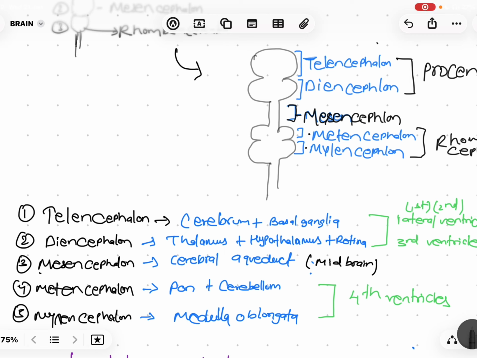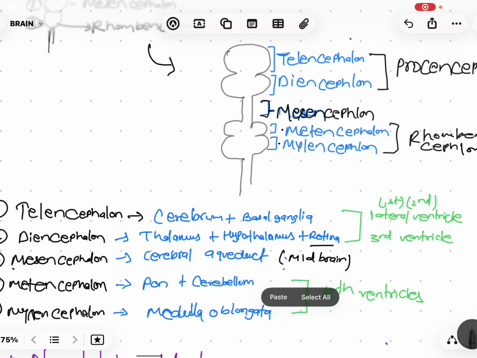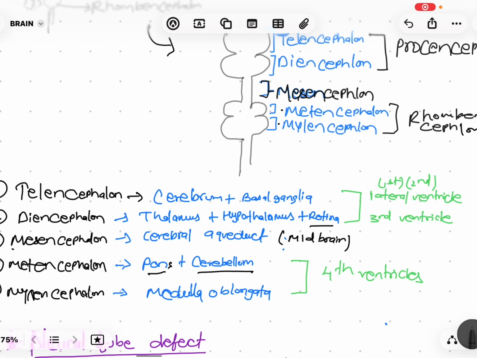The diencephalon turns into the thalamus and hypothalamus plus the retina. The mesencephalon turns into the cerebral aqueduct, and the metencephalon develops into the pons and cerebellum.